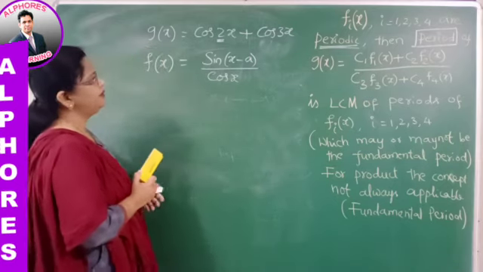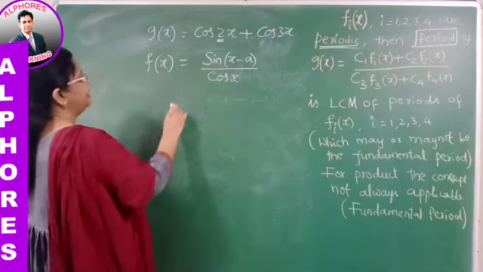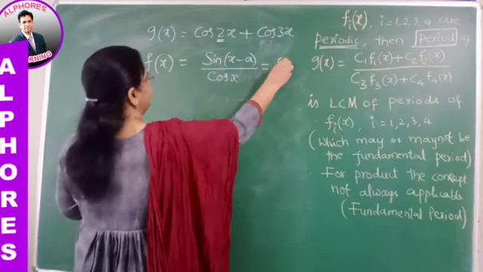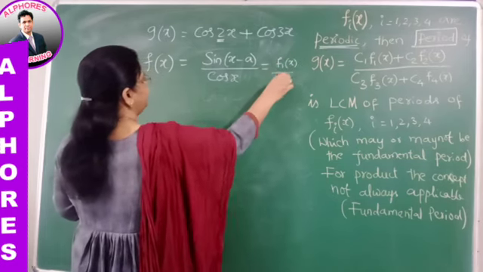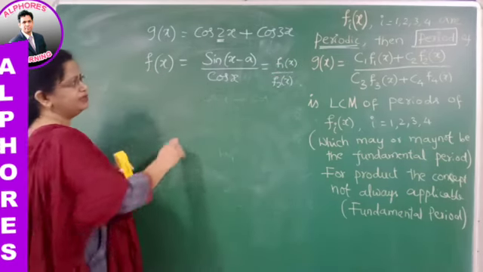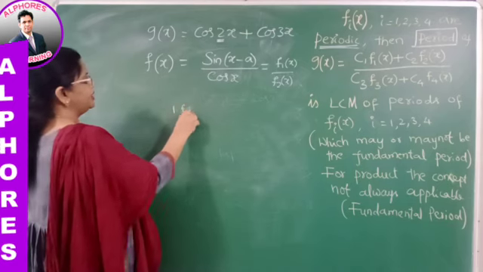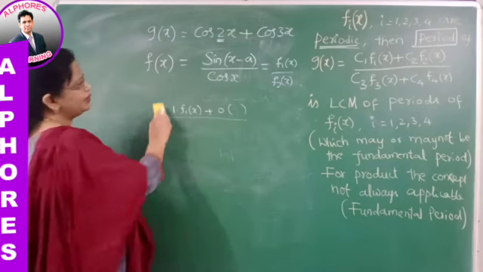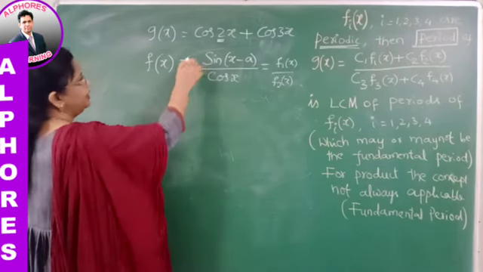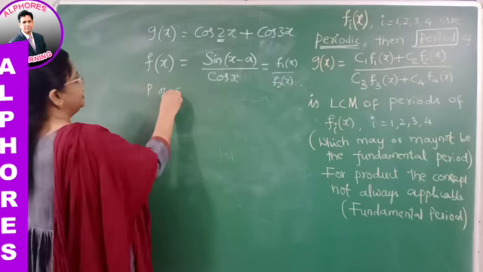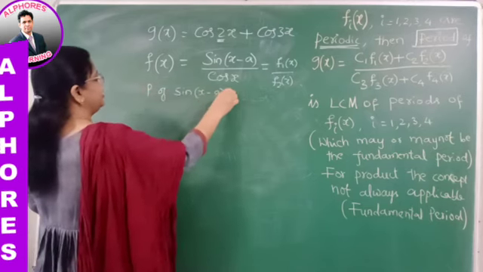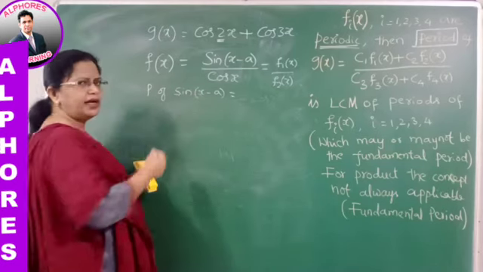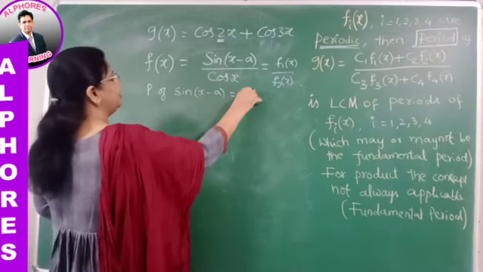So now if you observe this, what about the period of this numerator, that is one of the functions? If I take this as of the form f1x divided by f2x, right? Then it is actually 1 into f1x plus 0 into some other function divided by, like this also you can treat. Now what about the individual periods? Period of sin of x minus a: the x coefficient you observe is 1, therefore the period of the sine function is 2 pi.